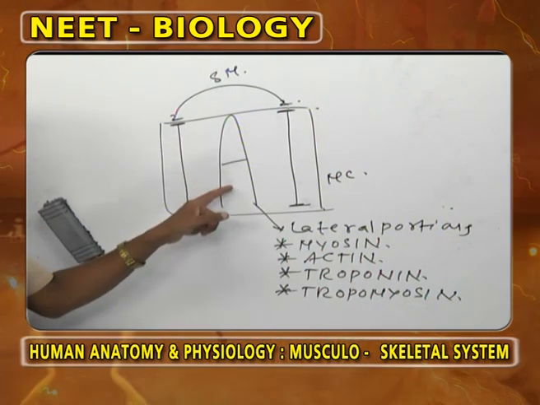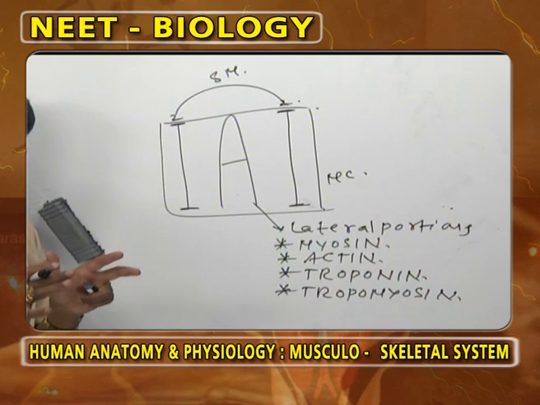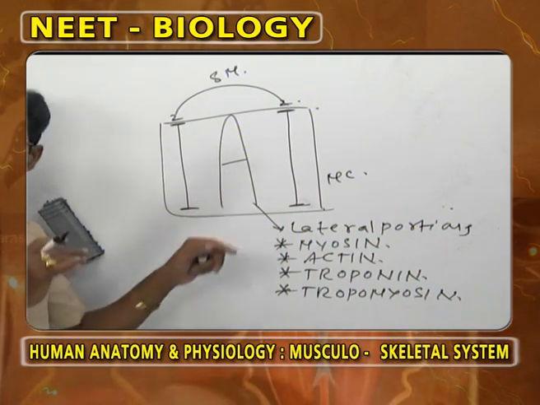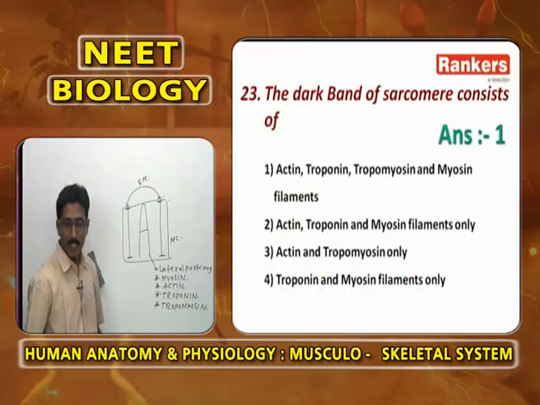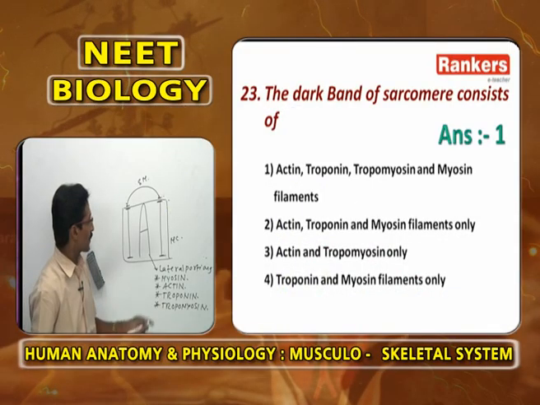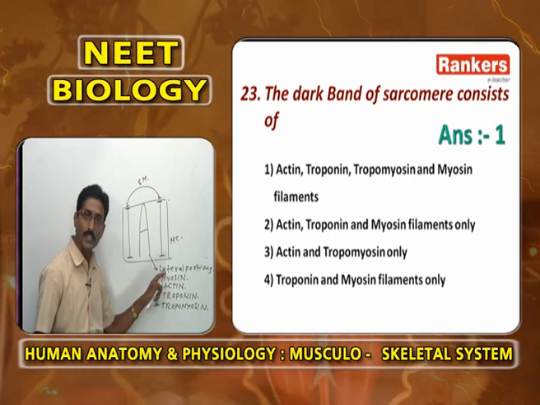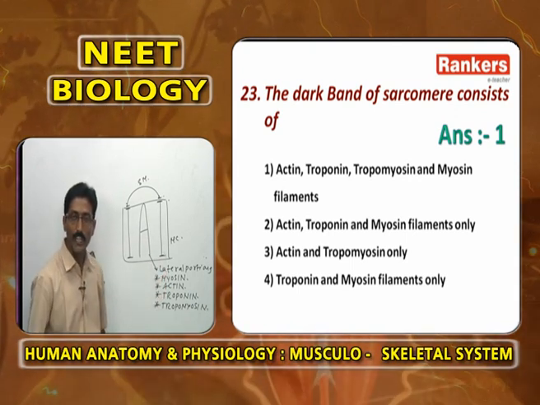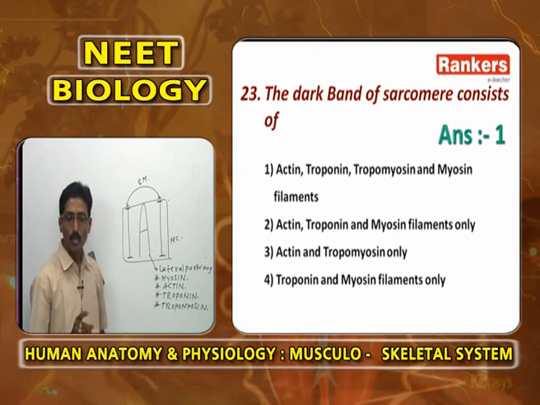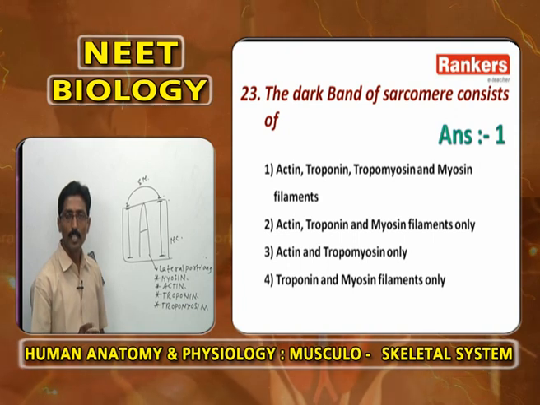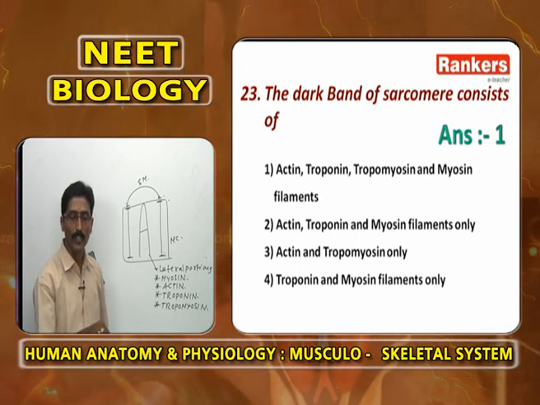In the sarcomere, name the band that is much darker, the lateral portions of A. Now based on this information, what is the dark band of sarcomere? No doubt A. Now we are discussing the lateral portions of A. The lateral portions of A consist of actin, troponin, tropomyosin and myosin protein filaments.